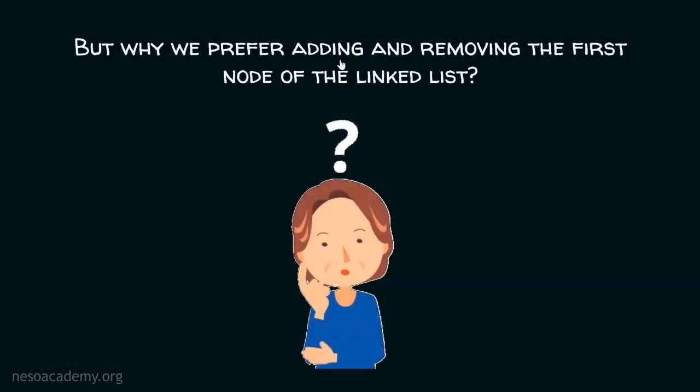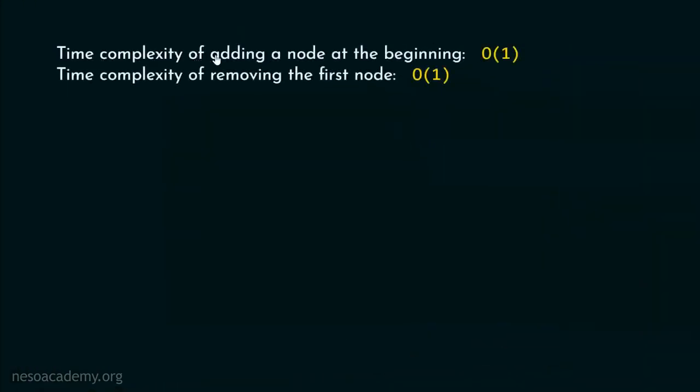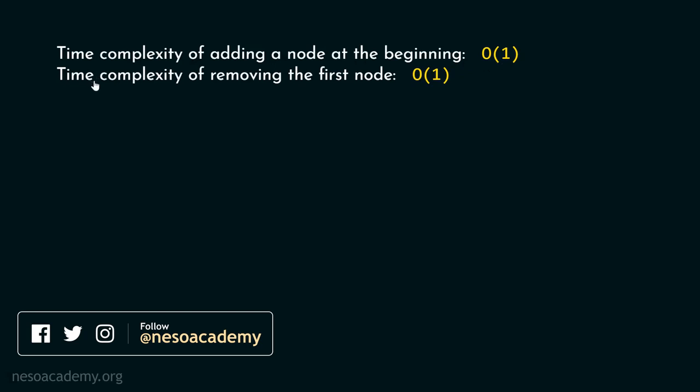But why we prefer adding and removing the first node of the linked list? Now we will see why we prefer this. Time complexity of adding a node at the beginning is order of 1, and time complexity of removing the first node is also order of 1. These two are constant operations. You can see that is why they are faster.